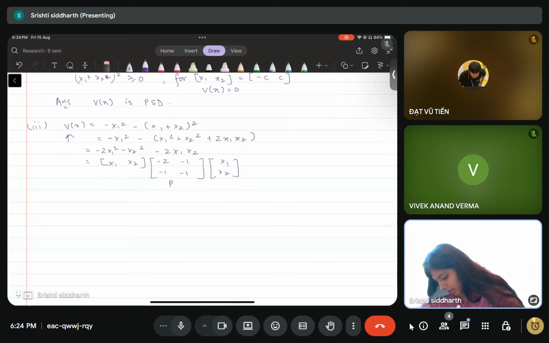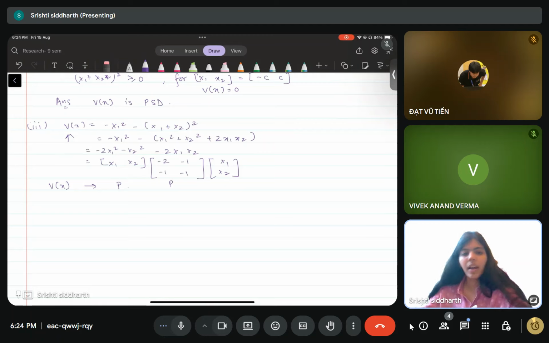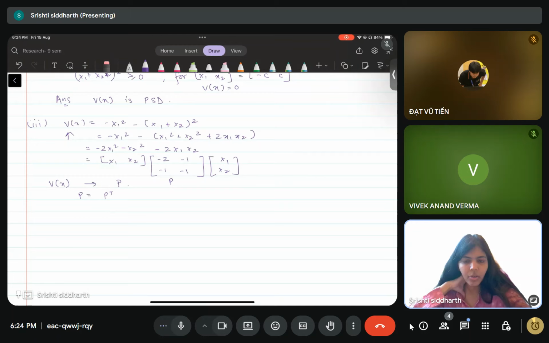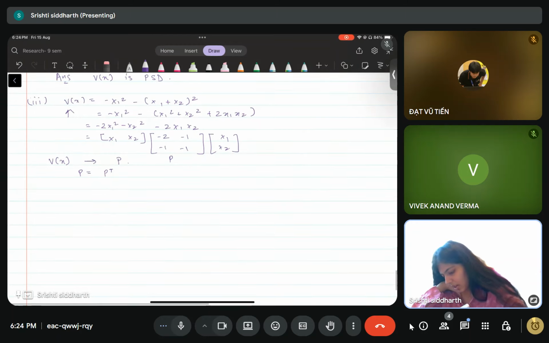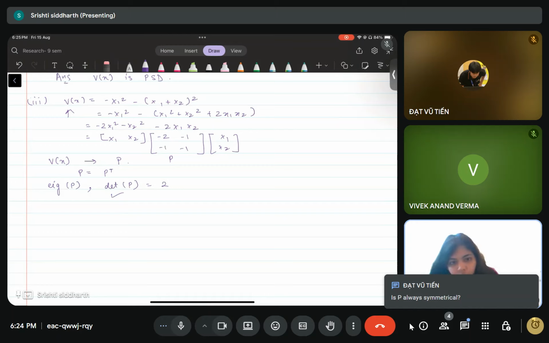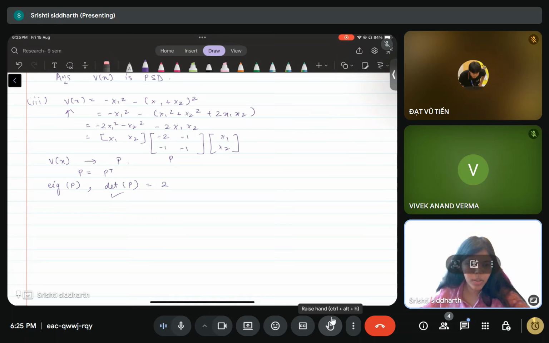Alright, so definiteness of V(x) depends on definiteness of this matrix P. This P is symmetric, right? P is P transpose. Therefore, we can choose any of those three criteria to determine the definiteness of P. This is a second order system, so let's compute eigenvalues of P. We could also do the determinant of P, which is simpler. For most of the cases that we are going to encounter in this course, P is going to be symmetric.